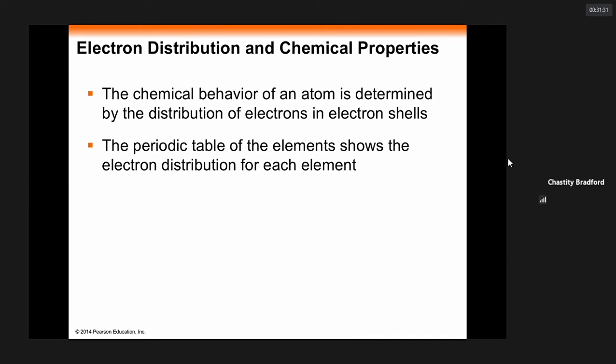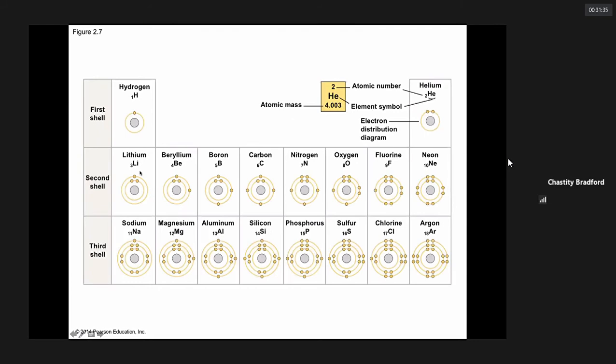Okay? When we look at the periodic table, we look at the electrons and how they're distributed. If we look at the periodic table, you see with hydrogen, there's one electron, that negative energy floating around in the cloud. We see helium has 2 electrons.